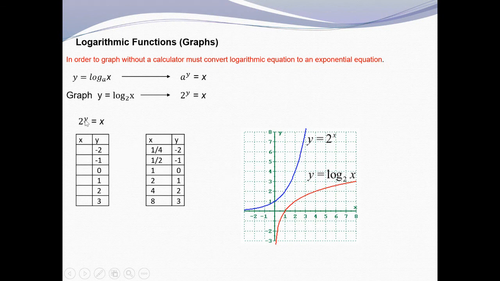If we put in -1 for y, 2 to the -1 will give us 1/2. So all these are the same answers as before, because before we plugged them into the x values, and this is what we got for the y values. So this is my exponential in blue, and this is my logarithmic equation in red. These are inverses of each other.